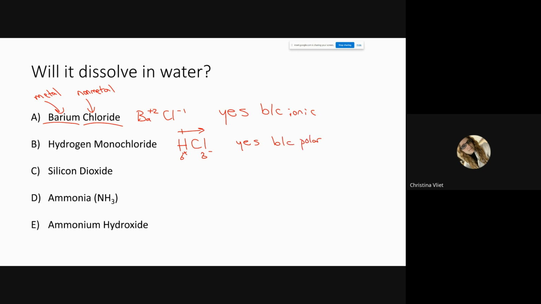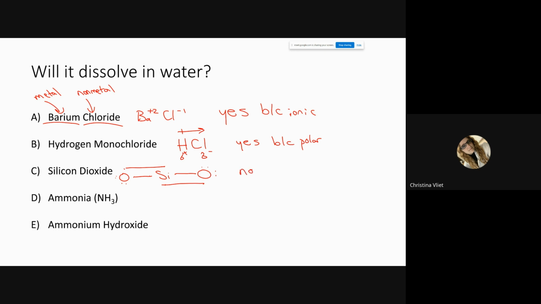Silicon dioxide. When we draw this out, it's linear. We should come up with 2 double bonds, one on each side. So this is linear, like carbon dioxide. It is non-polar, right?